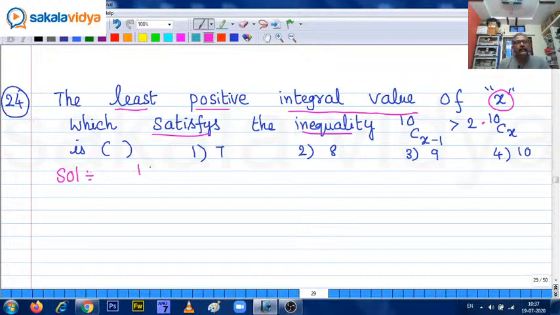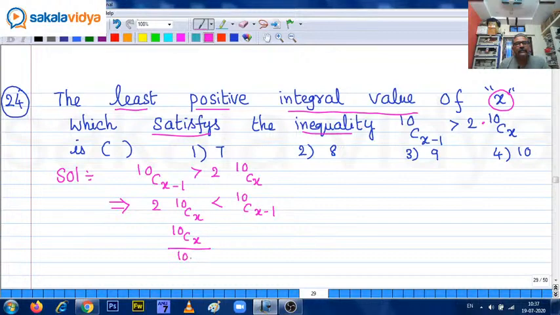Given 10C(x minus 1) is greater than 2 times 10Cx. So this we can write in reverse order: 2 times 10Cx less than 10C(x minus 1). If you reverse the order, then the inequality changes. This we can write as 10Cx upon 10C(x minus 1) is less than 1 upon 2.